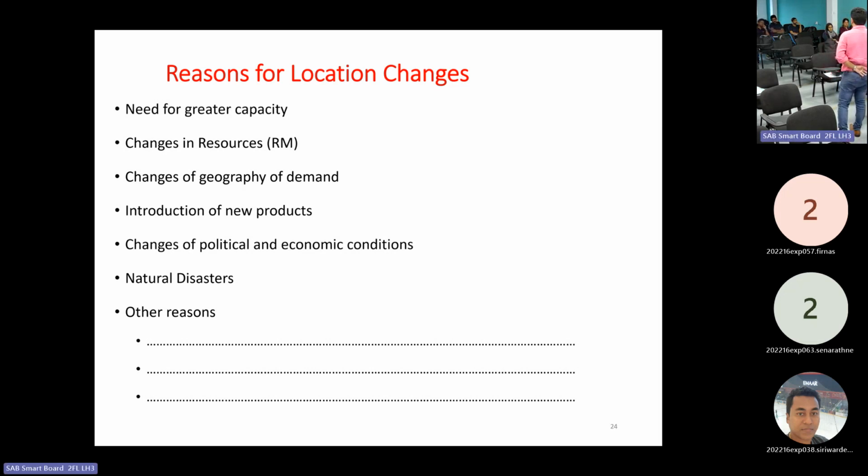Some other reasons. These are what type of reasons? New rules and regulations sometimes.